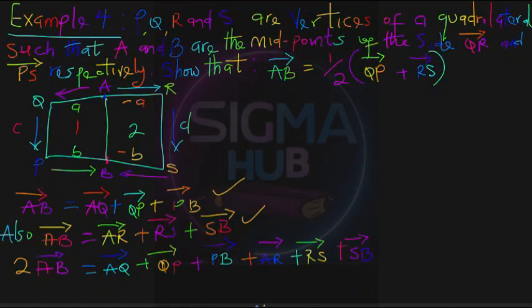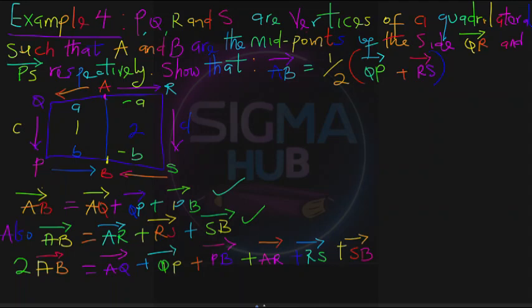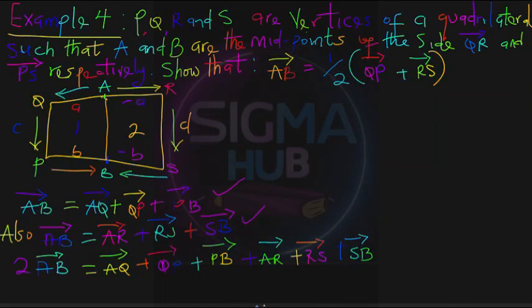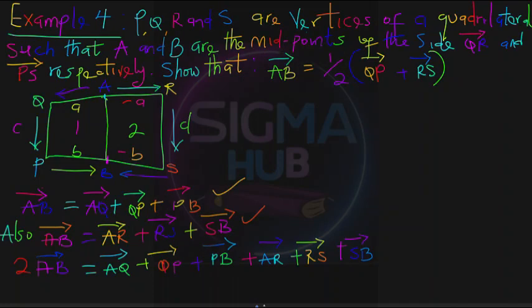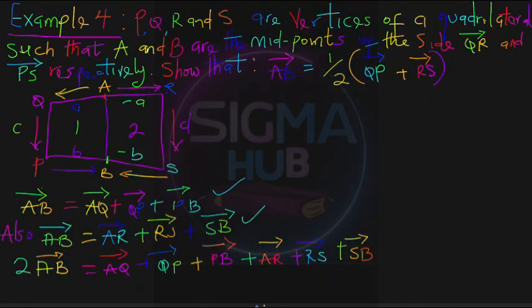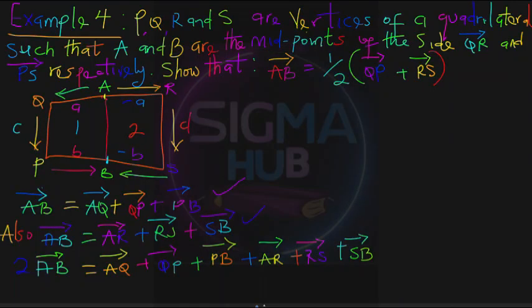And as we already know, AQ is A, while AR is minus A. So let us represent all these sides with the representation that I've given.